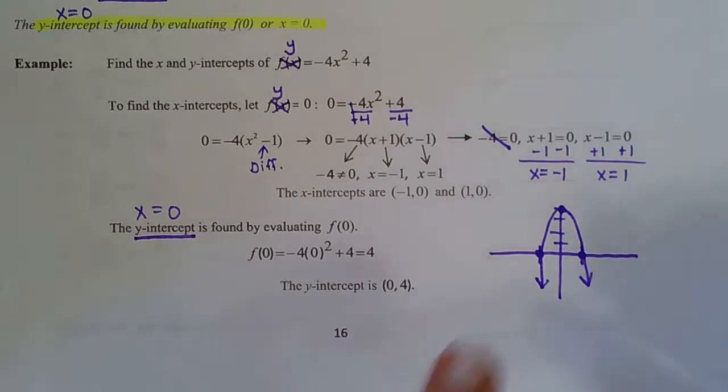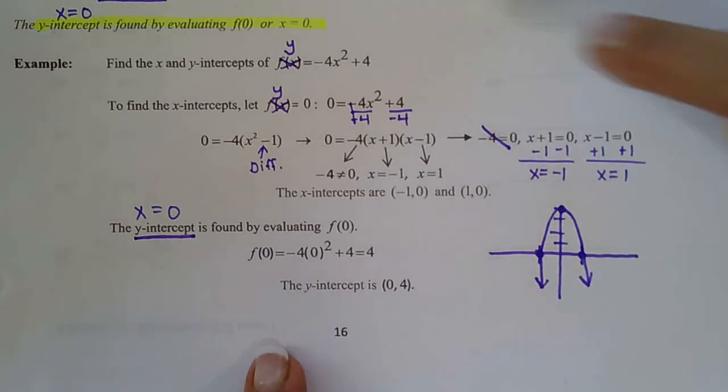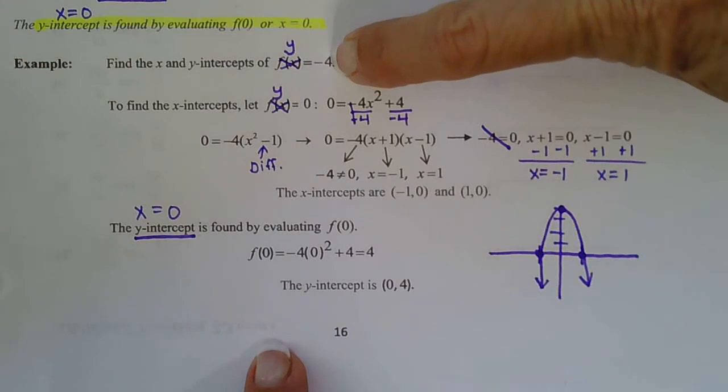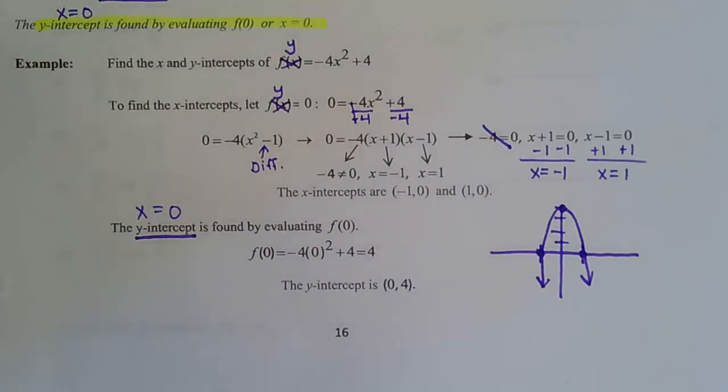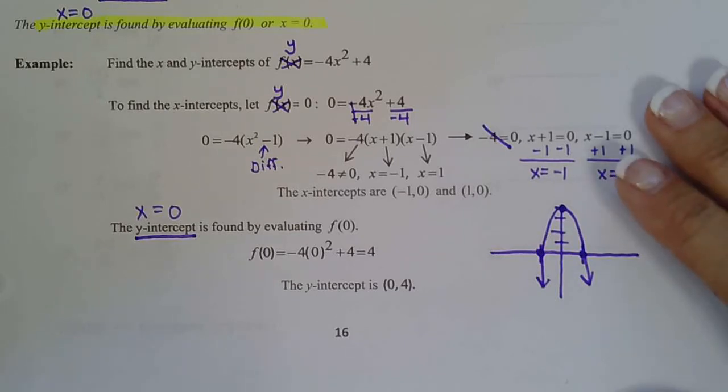So look at that. Find the x-intercepts, you see where it crosses the x-axis. Find the y-intercepts, you see where the parabola crosses the y-axis, and we know it cups down because the leading coefficient's negative. So that's where all of this is leading us so that we can draw accurately the parabolas.